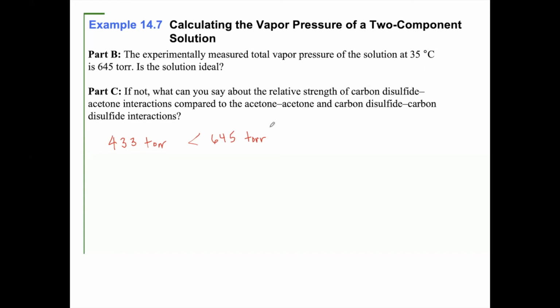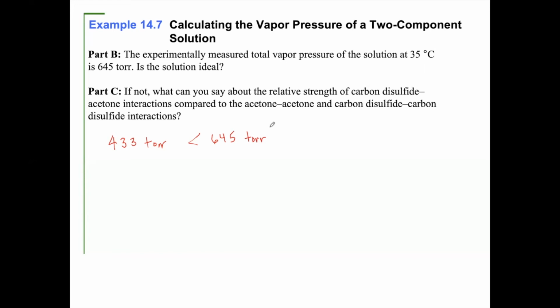On the other hand, if you have stronger solute-solvent interactions than solvent-solvent interactions, that solution is going to be less likely to vaporize. So those are the situations in which you deviate from Raoult's law. It's either going to be greater than expected or less than expected.